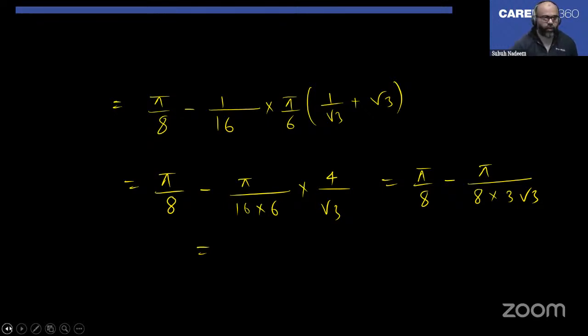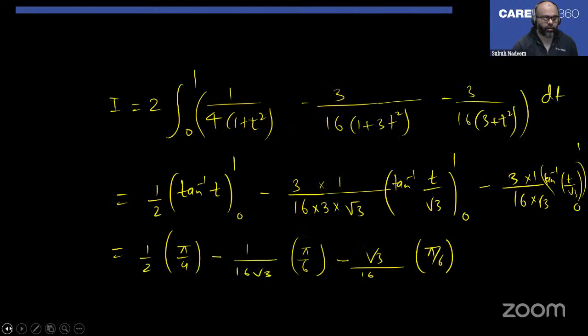So what we have got is 1 by 2 tan inverse t. Okay. Minus 3. Okay. Sorry, one mistake we have done again.